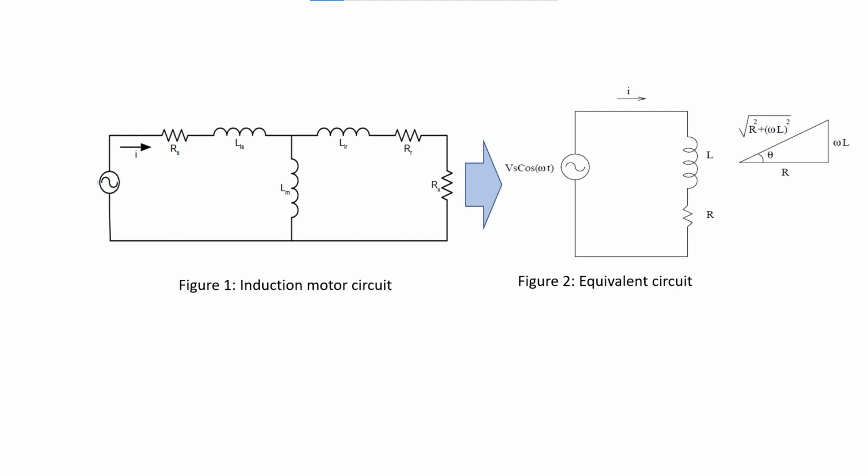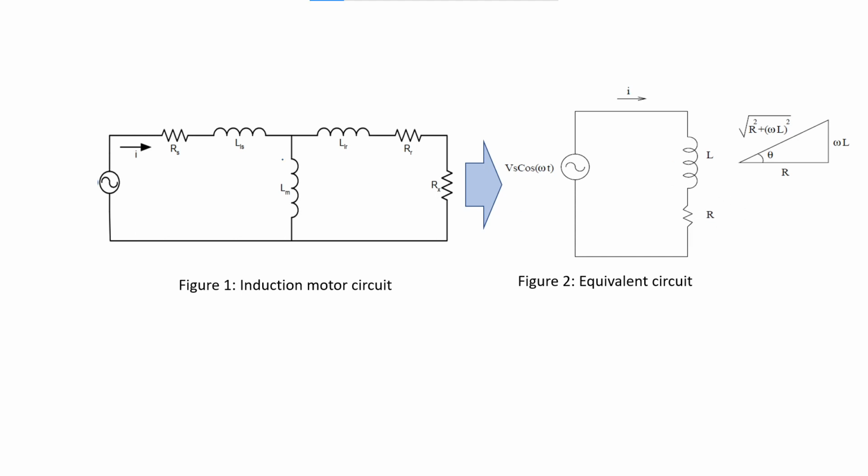Let's say you have a very complicated electrical circuit like this. When you use impedance Z as a complex number, you can add them all up, real part with real part and imaginary part with imaginary part, and finally you have an equivalent circuit like this.